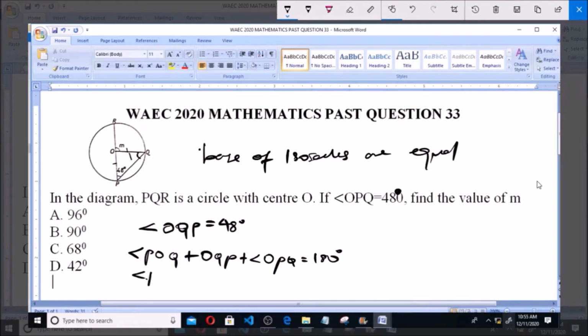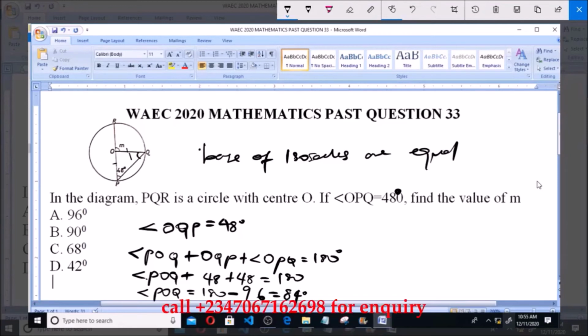Now angle POQ plus OQP, which is 48 degrees, plus OPQ, which is also 48 degrees, base angles, is equal to 180. So therefore angle POQ is equal to 180 minus 48 plus 48, which is 96, and that is equal to 84 degrees. So angle POQ is equal to 84 degrees.